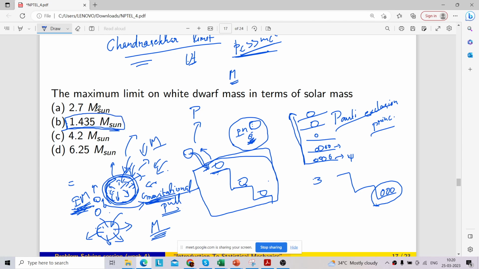If we keep on adding mass to the star, what will happen? It will explode and go to some other path. It can go to a neutron star, or it can go to a black hole, whatever. So we have a limit on the mass of a white dwarf from the Chandrasekhar limit.